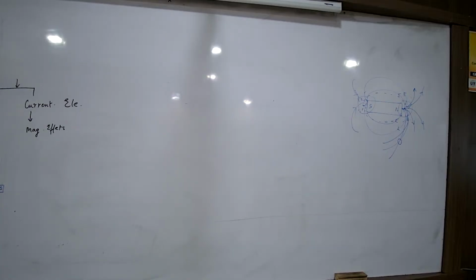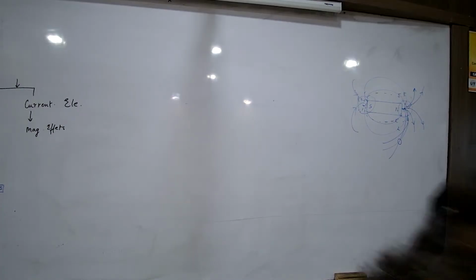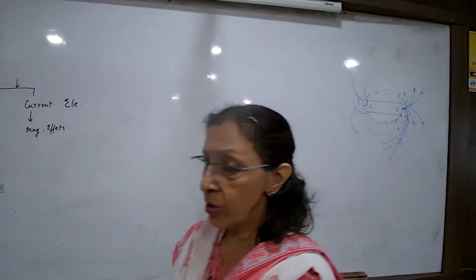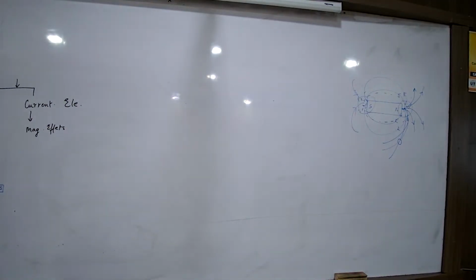Make sure that it is from north to south. 2 lines, 2 above and 2 below is more than sufficient for you to show that you have understood the concept. Now, I don't want anybody to lose out marks with diagrams.